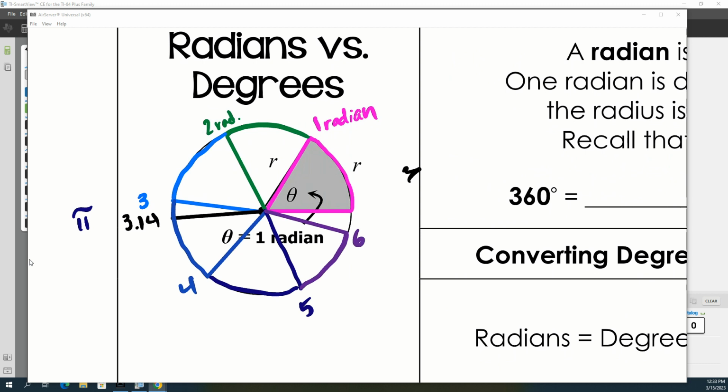And then a full rotation is going to be 6.28. What do you guys think that is? 6.28. That's 2 pi.